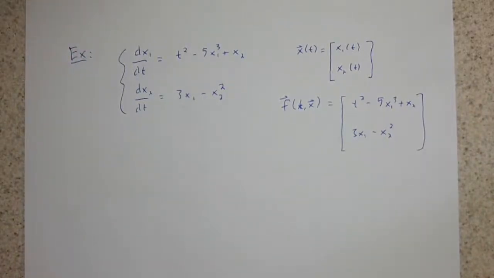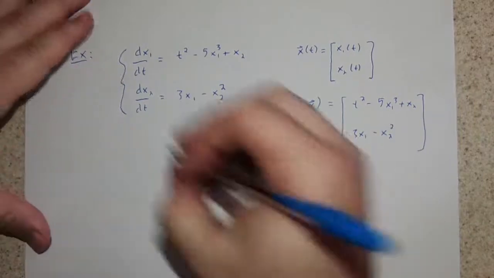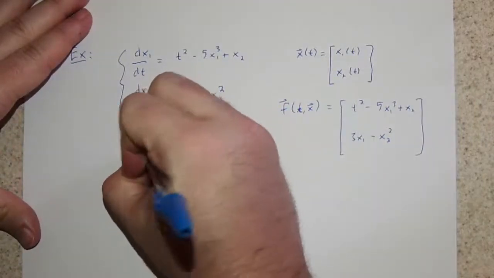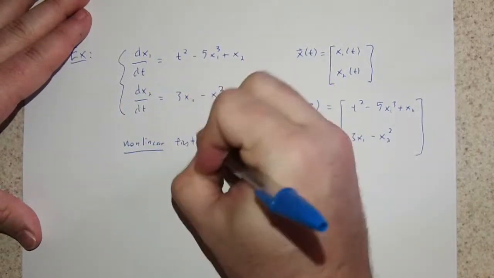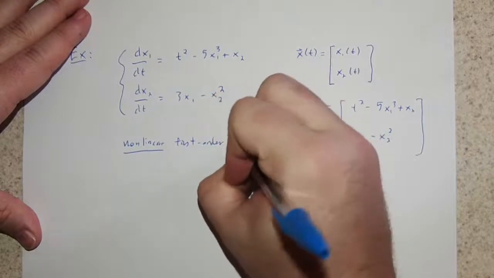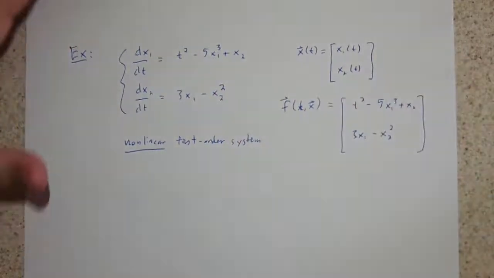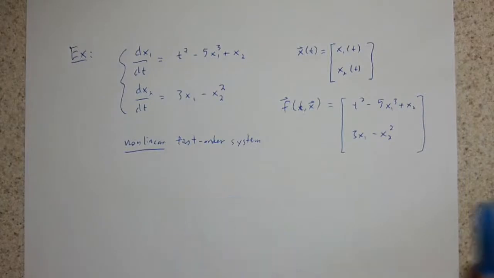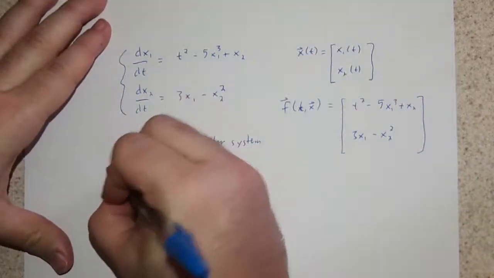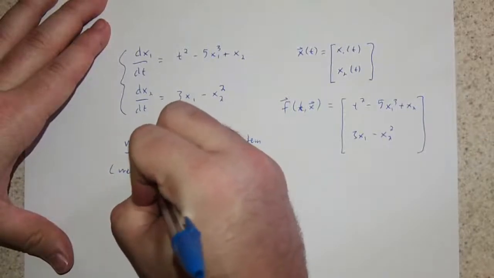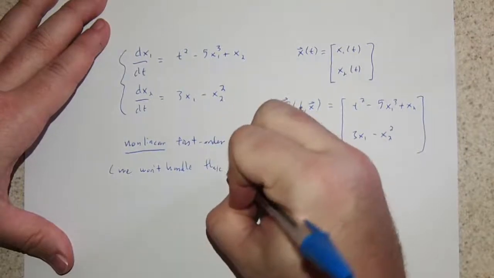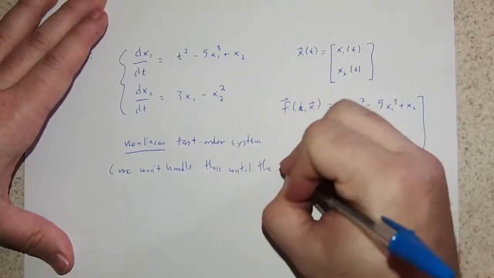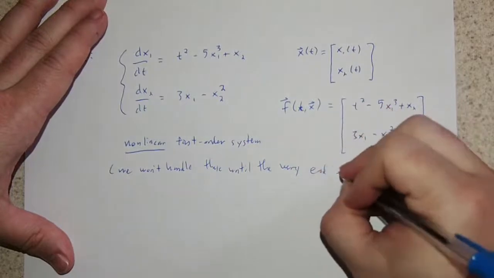So this is an example of a nonlinear first order system. Now, we will eventually talk about nonlinear first order systems, but we won't handle these until the very end of the course.